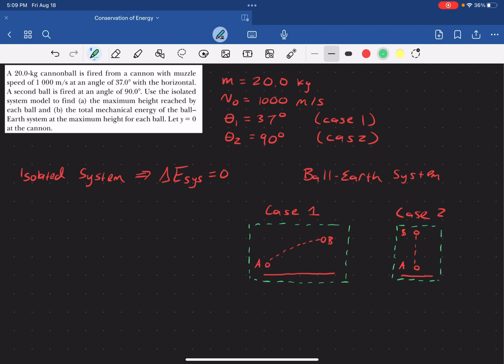Now, since the problem doesn't say anything about the drag force of the air on the motion of the ball, we're going to assume that the drag force is irrelevant, it's negligible. Drag force is small, we could say, close to 0.